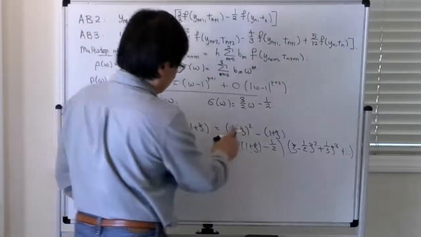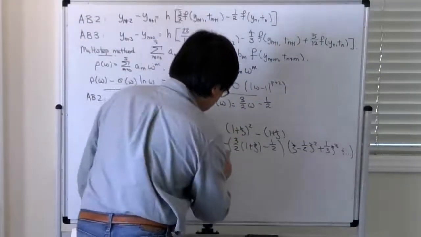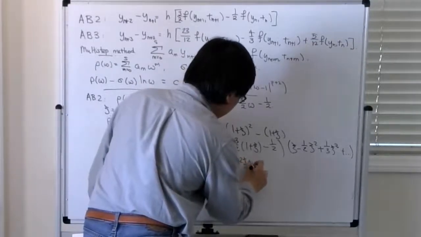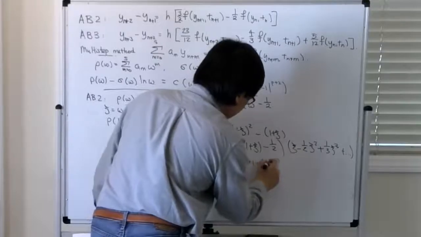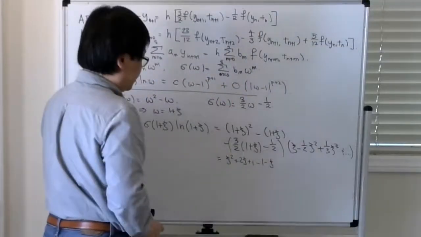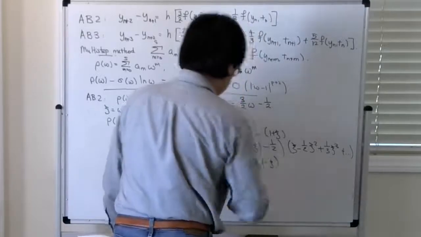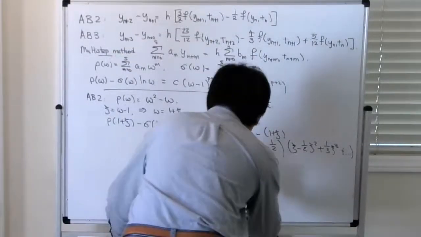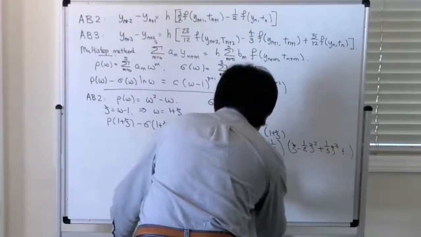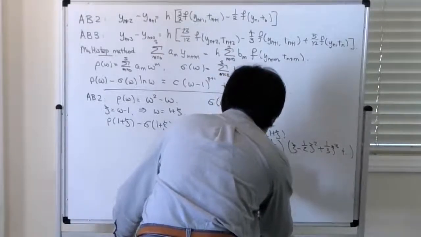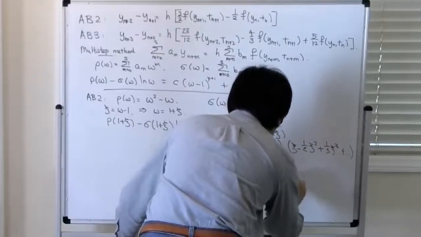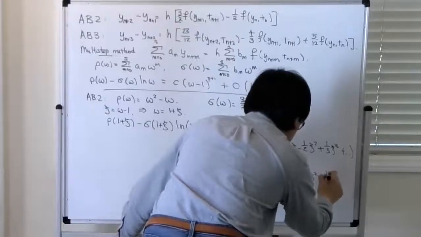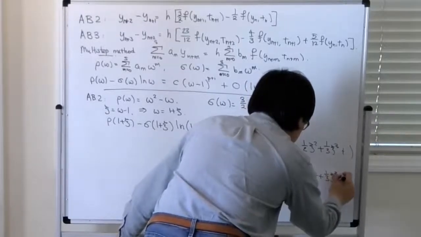Okay, so let's see what happens. This is c squared plus 2c plus 1 minus 1 minus c. So that's the first term. Minus (3/2 plus 3/2 c minus 1/2 c minus 1/2 c squared) times (c minus 1/2 c squared plus 1/3 c cubed, and so on).